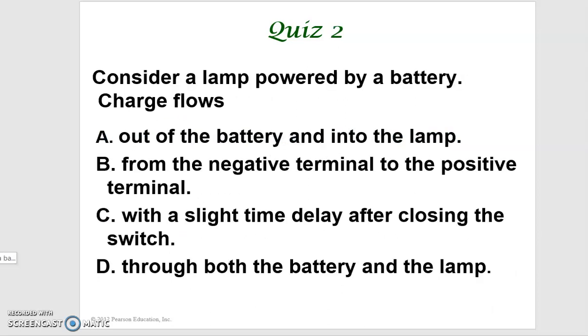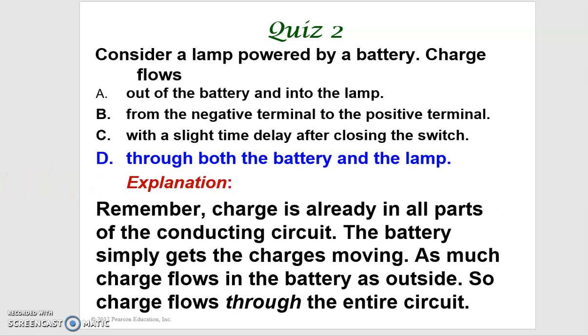Now, let's have the second conceptual quiz. If you have a lamp powered by a battery, charge will flow from where to where? Remember, this is a closed circuit. So the answer is, the current will pass through both the battery and the lamp. Remember, this is a closed path.